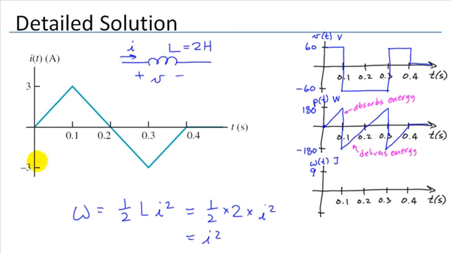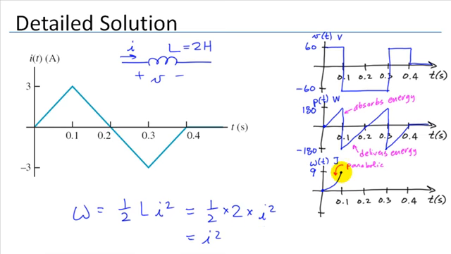We start with a value of 0, and we work our way up to a peak value of 9 joules right here. Now when you square this constantly increasing section here, you actually get a parabolic curve as a result.